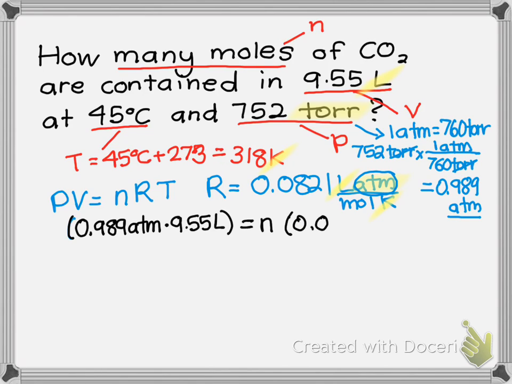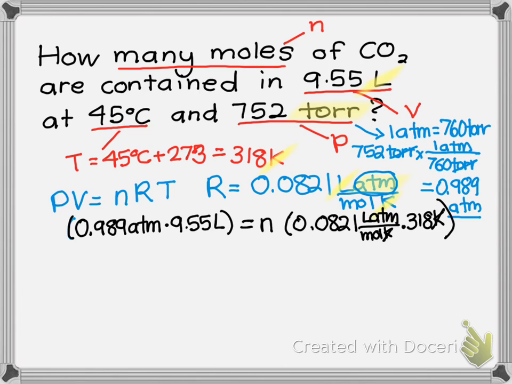And then 0.0821, that's all these units, times the temperature, which is 318 Kelvin. Now, if you're following your units, the Kelvin at this point cancel. So you might want to pause here and go ahead and do your math so you don't get confused by how I set it up.